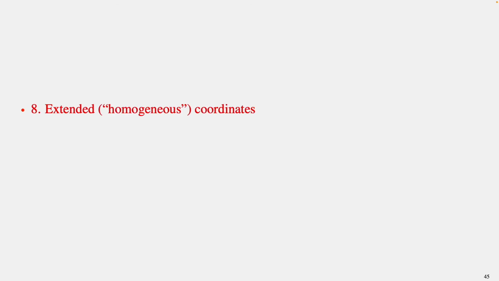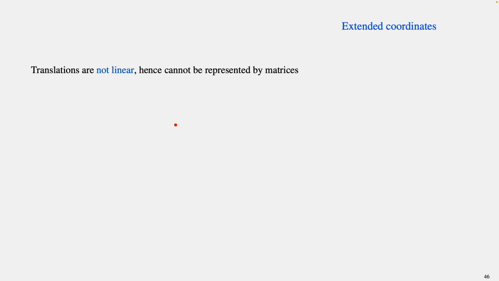At last, I want to introduce extended coordinates, which are a convenient way to describe affine transformations. And sometimes they're also called homogeneous coordinates. So we've seen that translations are not linear, and hence they cannot be represented by matrices, because we already learned that matrices and linear maps are in one-to-one correspondence.